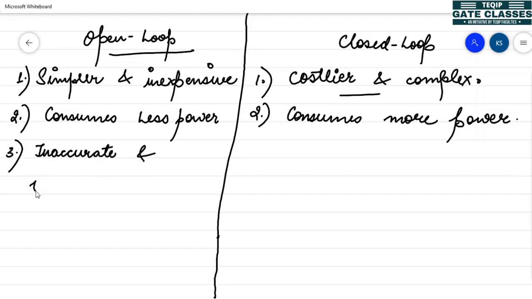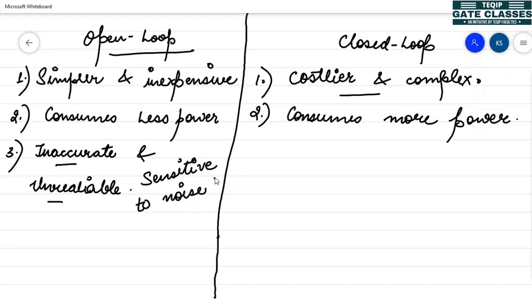Open loop systems are inaccurate and unreliable because if there is some disturbance or noise in the system, then the open loop system will not give the desired actual result. So they are inaccurate and unreliable. They are sensitive to noise or disturbance.